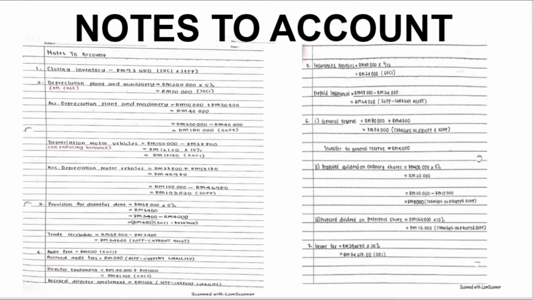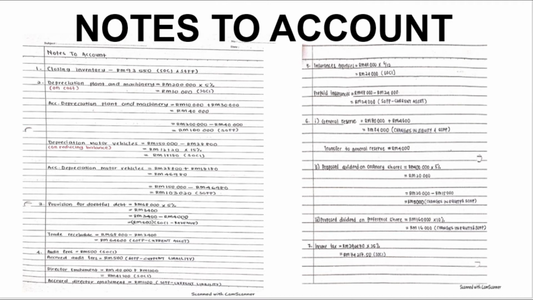Next, we go to note 4, accrued expenses for audit fee 500. First, the amount for audit fee 500 should be put in the statement of comprehensive income under expenses, and accrued audit fee 500 is put in the statement of financial position under current liability.